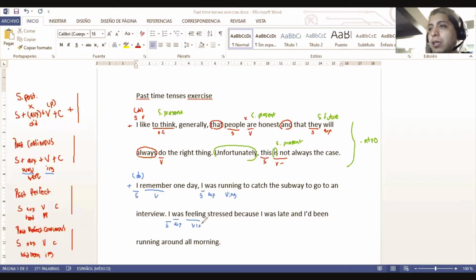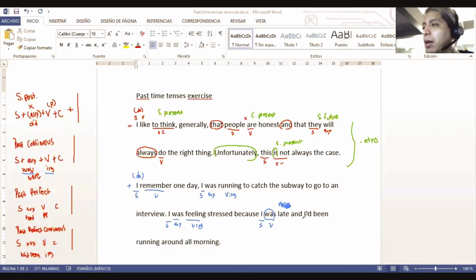The verb is with ing, so again you have the past continuous. I was late because I was late. Subject, and this is just the verb to be. You don't have a verb with ing. If you had a verb with ing, this would be the auxiliary and this would be past continuous, but this is not a verb. The verb is was. This is the simple past.